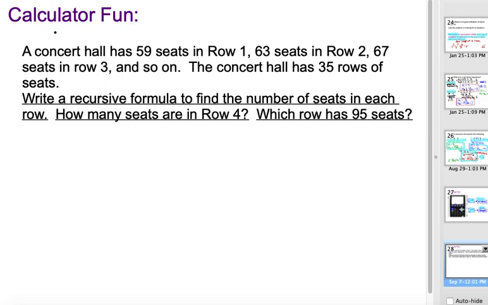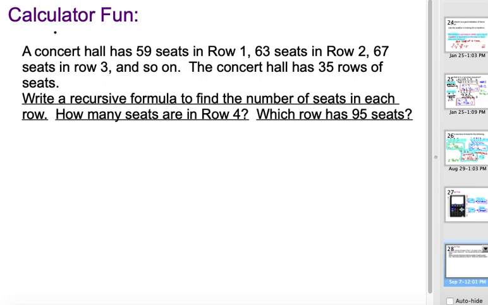The concert hall has 35 rows of seats. We're going to write a recursive formula to find the number of seats in each row. We're going to answer how many seats are in row 4, and figure out which row has 95 seats. We can certainly do just about all of this without our calculator, and let's start by doing that.